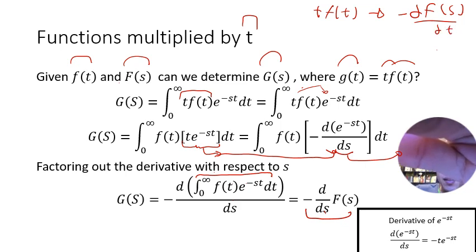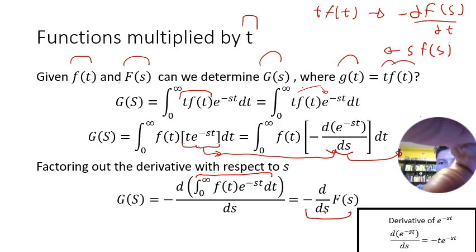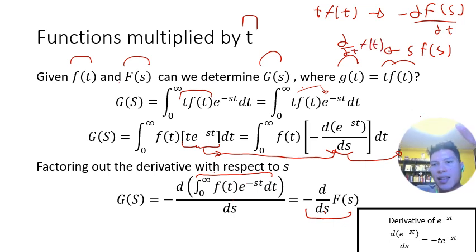But then we also know that F of s, if we assume zero initial conditions, also led to d dt f of t. So essentially, if we multiply by t in the time domain, we're taking a derivative in the s domain, and if we multiply by s in the s domain, we're taking a derivative in the time domain.